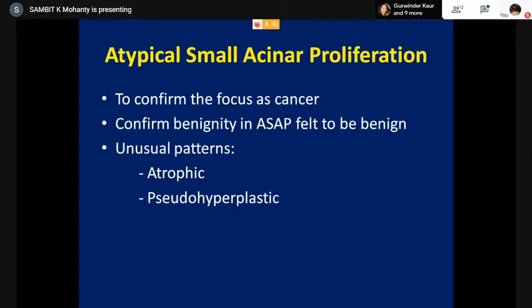Basically we need to confirm the benignity or the malignant nature of the ASAP, which is atypical small acinar proliferation, and something which looks very atrophic. So is it true atrophy or atrophic gland, is it hyperplastic, a BPH atrophy, hyperplasia, or a tumorous hyperplasia.